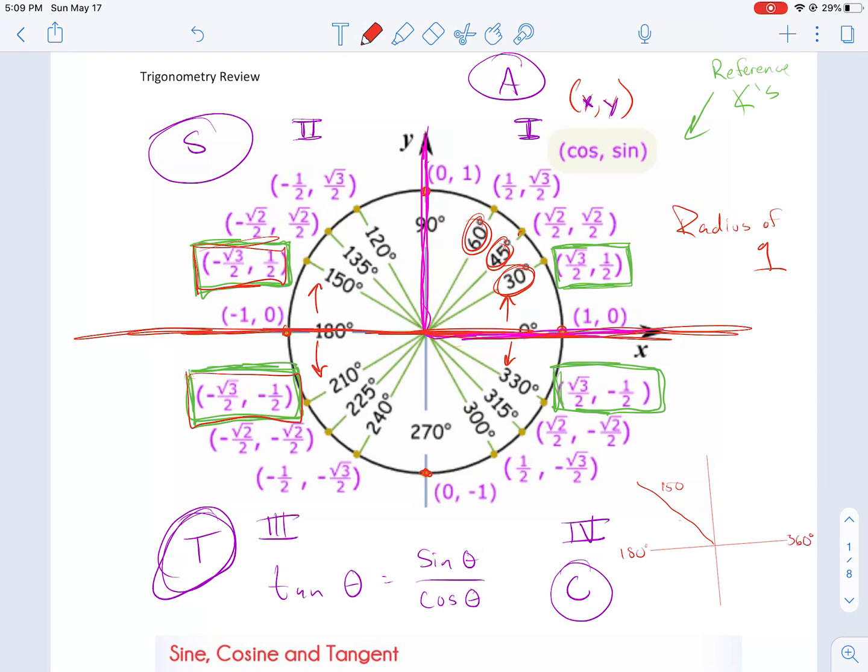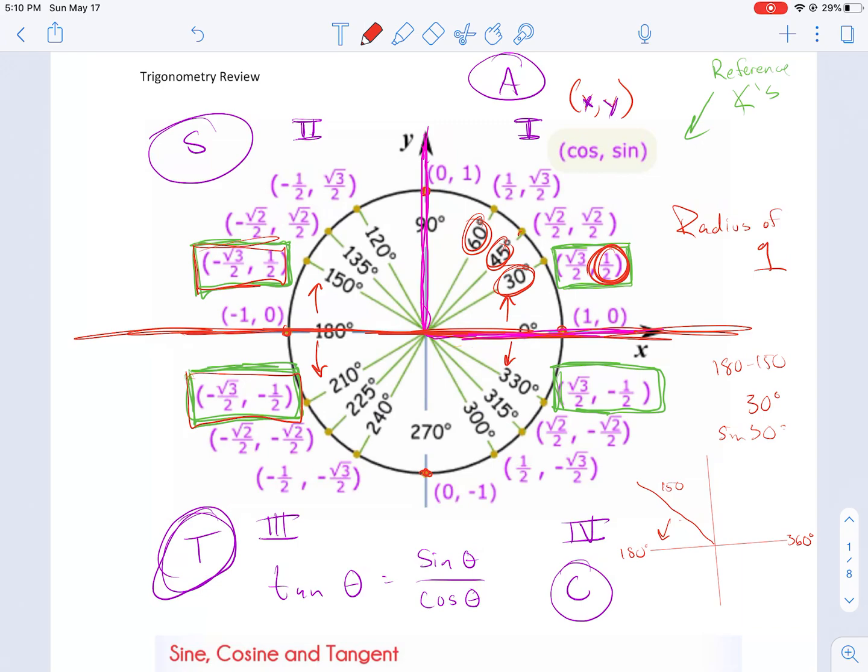Which horizontal axis is it closer to? It's definitely closer to 180. So you go 180 minus 150, and you get 30 degrees. Then you can ask, what's the sine of 30 degrees? Going back up here, the sine of 30 degrees is 1/2.